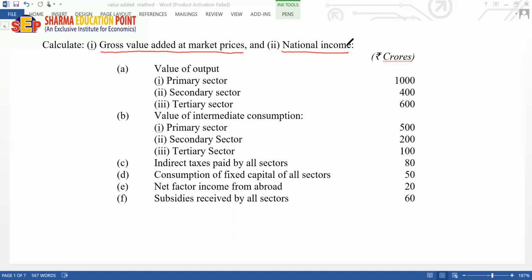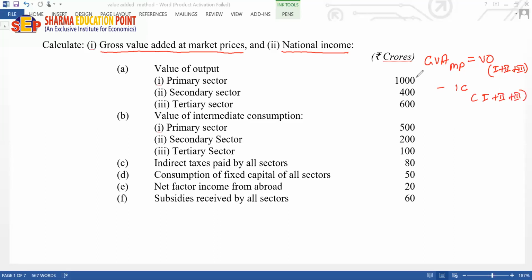So I just told you what formula will be used. First of all, you know gross value added at market price. इसका फॉर्मूला होगा वैल्यू ऑफ आउटपुट. Now value of output of all sectors, primary sector, secondary sector and tertiary sector. So value of output of all sectors minus intermediate consumption. It's all the same, primary sector, secondary sector and tertiary sector.